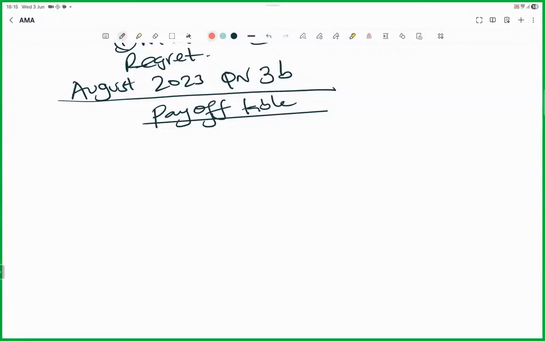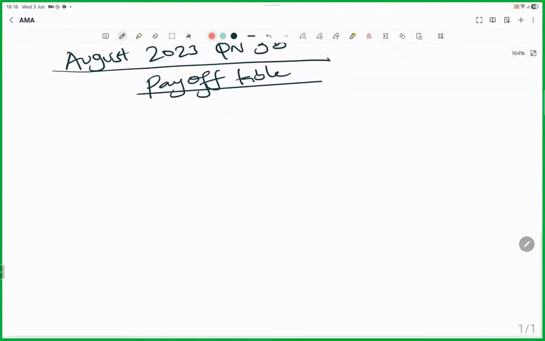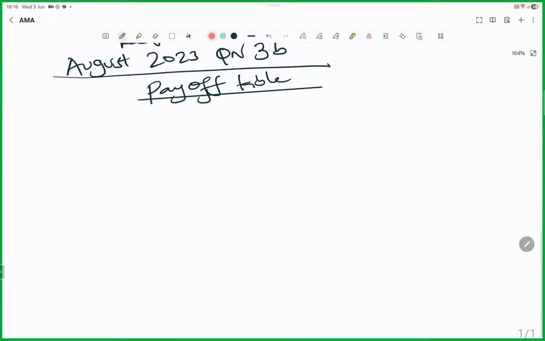It's a profits table. In this payoff table, we must have what we call states of nature, and then we have what we call alternatives here. States of nature versus alternatives.